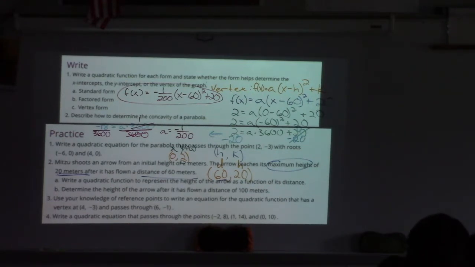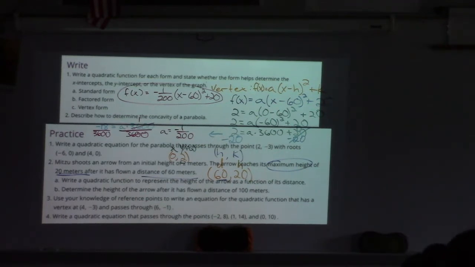So how would we determine the height of the arrow after it has flown a distance of 100 meters? We're making that more complicated than it has to be.